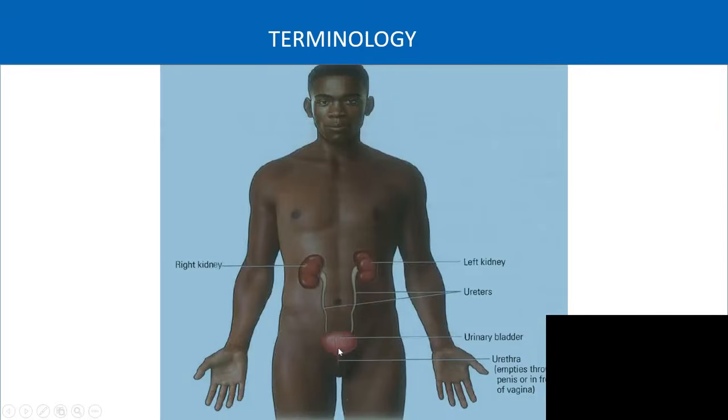Next, we have the ureteral openings. These are the two ureteral openings here, one on the right side and one on the left side. These ureteral openings we can see in the bladder.